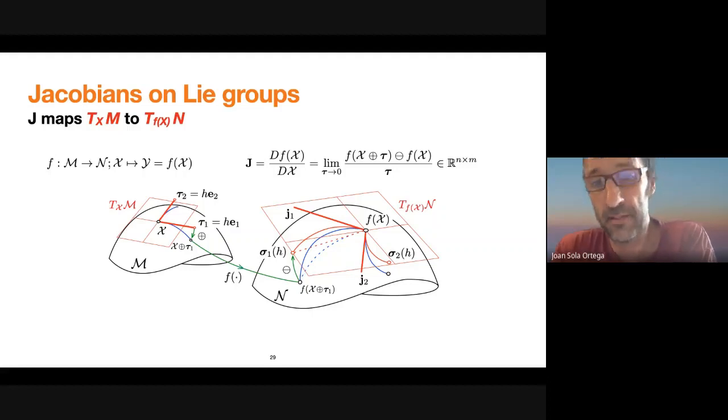And then you take the limit when the perturbation goes to 0. So you take this red curve, approach the point f of x, and in the limit, you get J1, which is one of the columns of your Jacobian matrix. Excuse me for this drawing. If I can be interactive and pointing things, it is easier to understand. But anyway, let's go on.